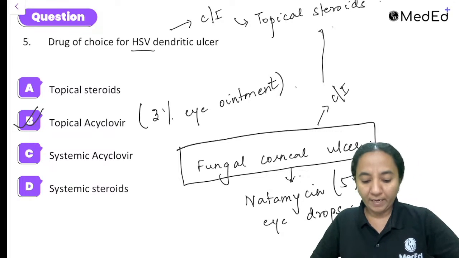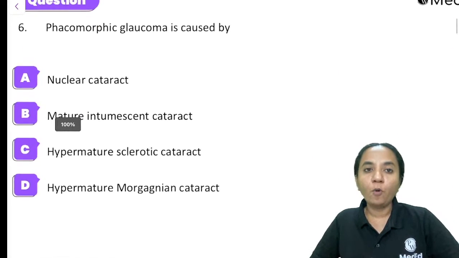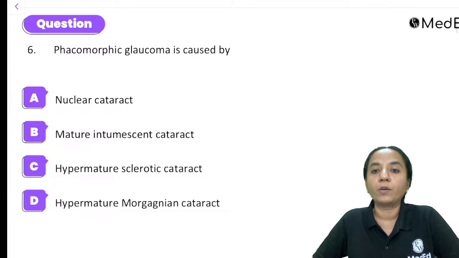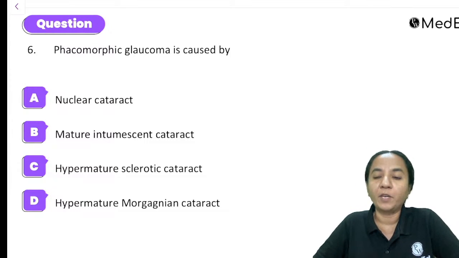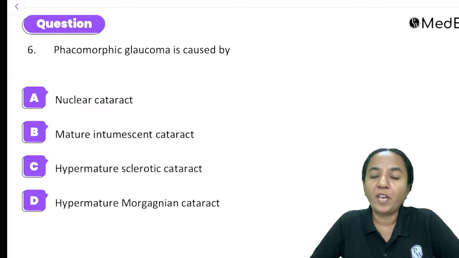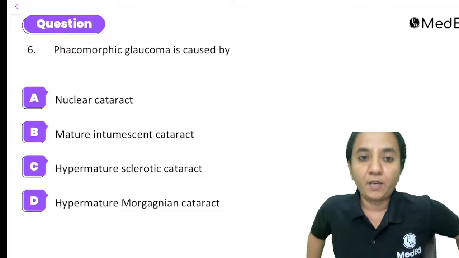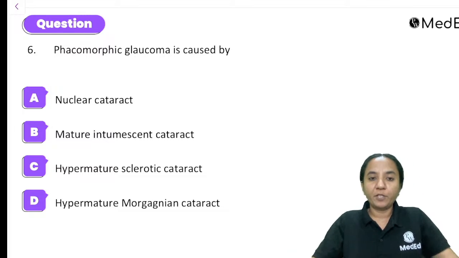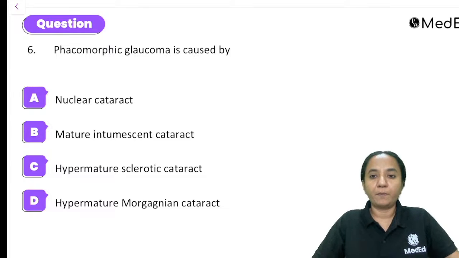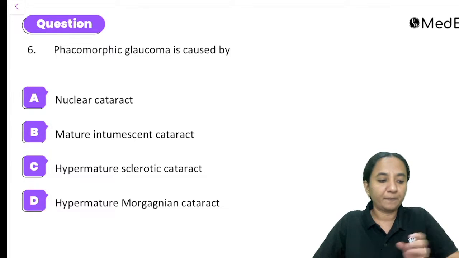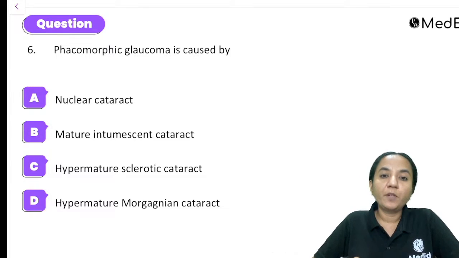Okay, let's go to the next question. Phacomorphic glaucoma is caused by, again a very common question which students commonly get wrong: nuclear cataract, mature intumescent cataract, hypermature sclerotic cataract, or hypermature Morgagnian cataract.